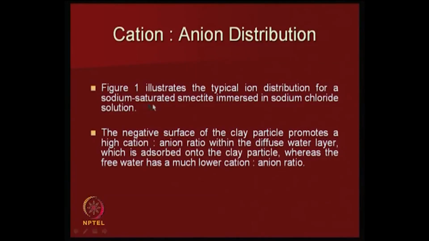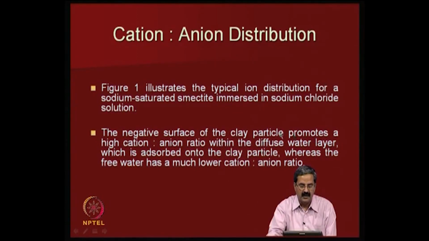I will just show you a figure in which you have a typical ion distribution for a sodium saturated smectite or a bentonite immersed in a sodium chloride solution. The negative surface of the clay particle promotes a high cation anion ratio within the diffuse double layer.